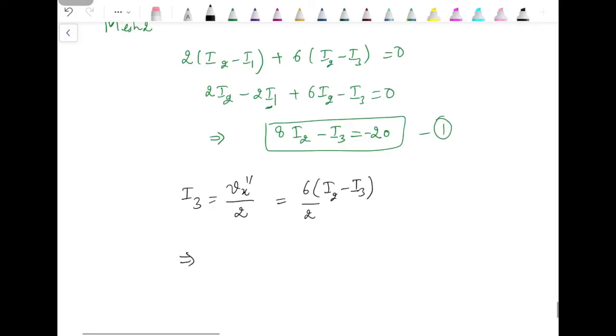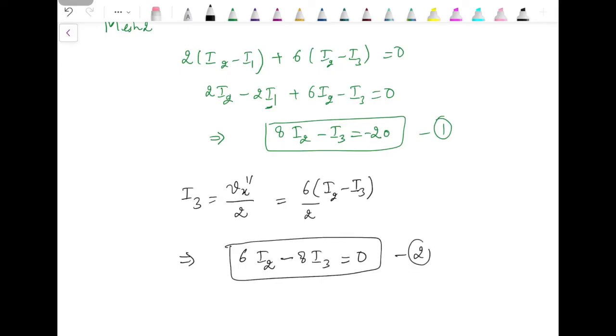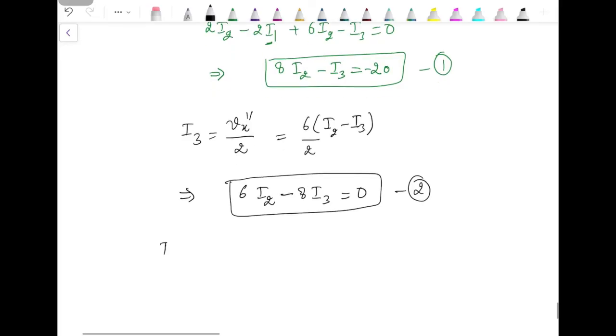So this will give us second equation as 6I2 minus 8I3 equal to 0. Now these two equations can be solved simultaneously to find out the value of I2 and I3. I2 is minus 5.714 ampere and I3 comes out to be minus 4.286 ampere.